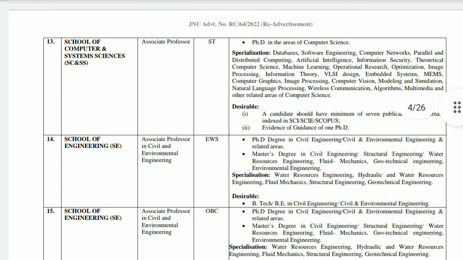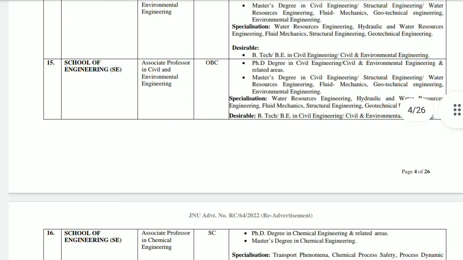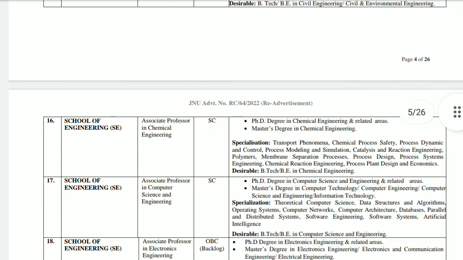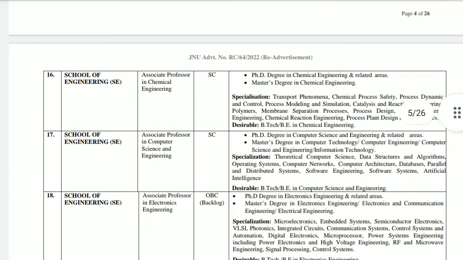The next job positions, Associate Professor in School of Engineering in Civil Department, Environmental Engineering, and Chemical Engineering.